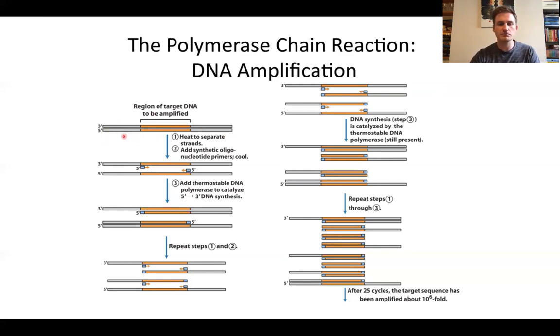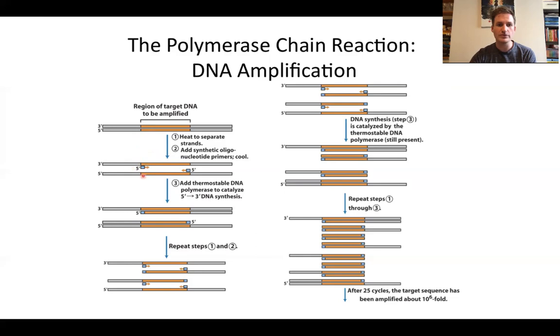And it could be very much more DNA than is pictured here. That DNA is heated up, which separates those hydrogen bonds, and then we add these synthetic, man-made, or ordered primers. Those are short single-stranded DNA molecules that are complementary, or match the sequence of the region we're interested in.